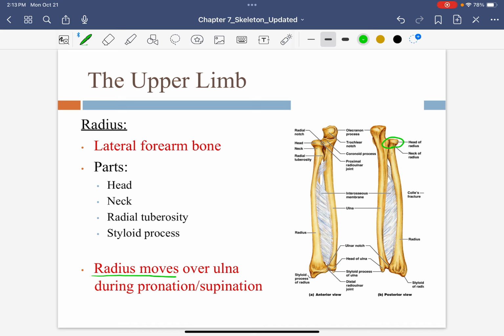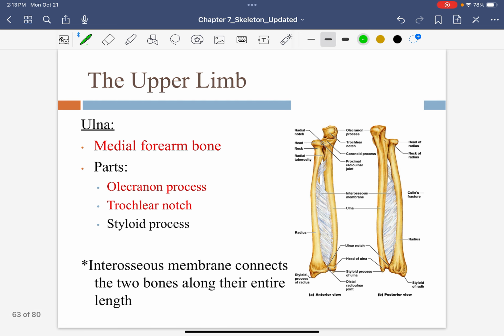What I want you to know is it's the radius moving. When we rotate our forearm, it is the radius moving over the ulna. The ulna stays pretty stable, and it's the radius that moves.